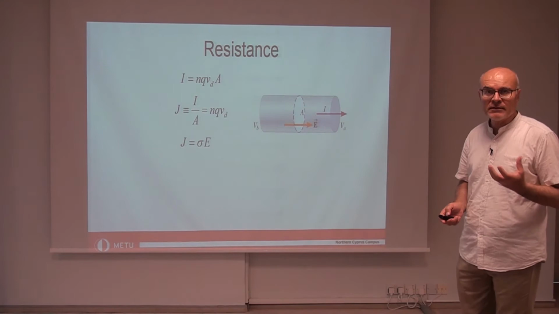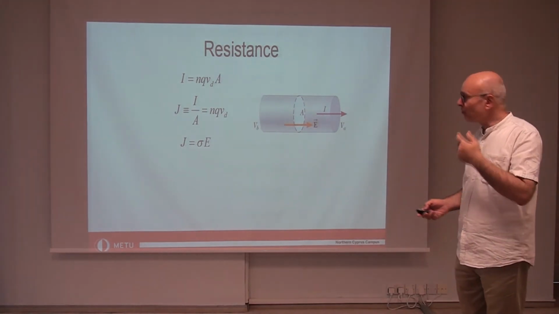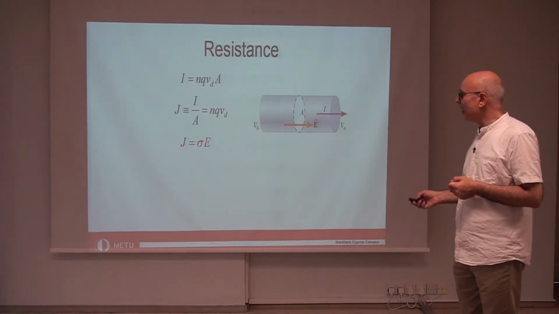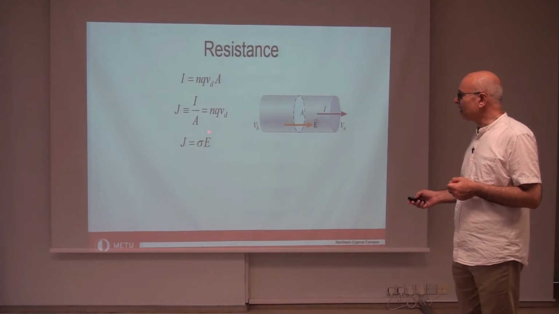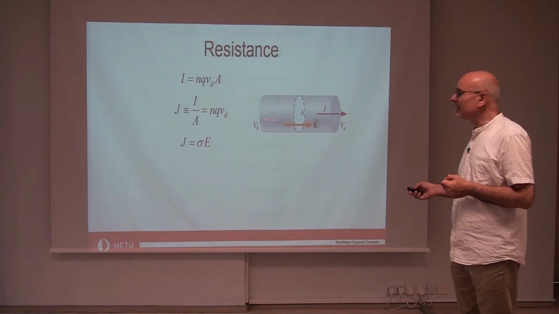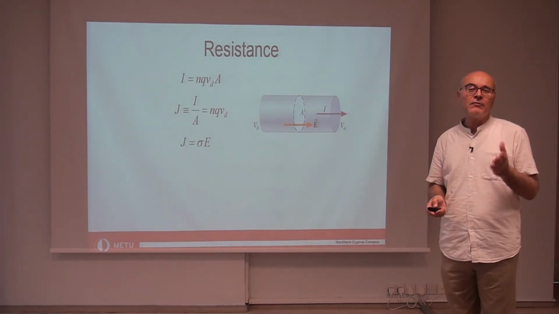Now it's quite reasonable to assume that the current density in a conductor is actually proportional to the electric field that has been applied in that conductor. Well, how to understand this?